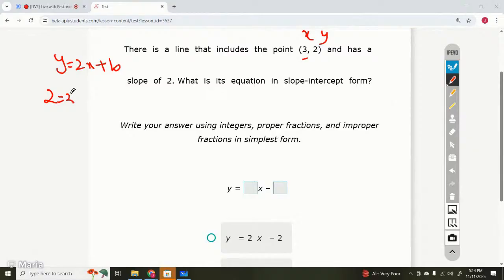2 is equal to 2 times 3 plus b. So minus 6, b equals negative 4, right? So the equation is y equals 2x minus 4.